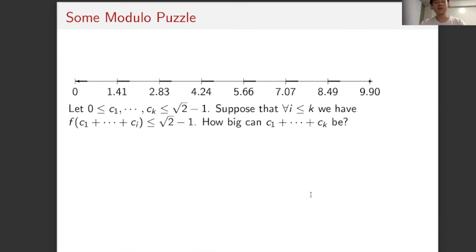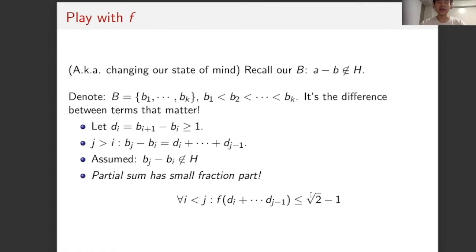Now let's go back to this puzzle. One thing you might notice is the marginal increment, meaning that if you consider d sub i to d sub j minus 1, what happens if you add d sub j over here?